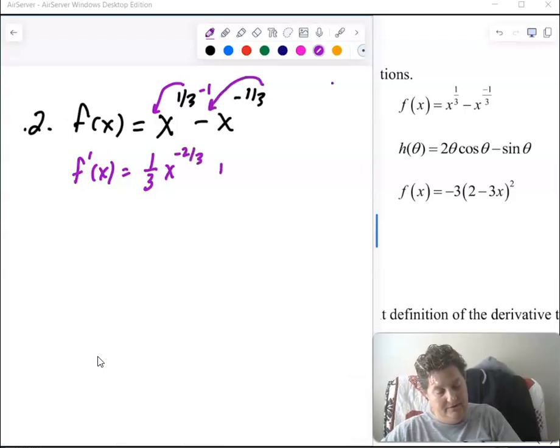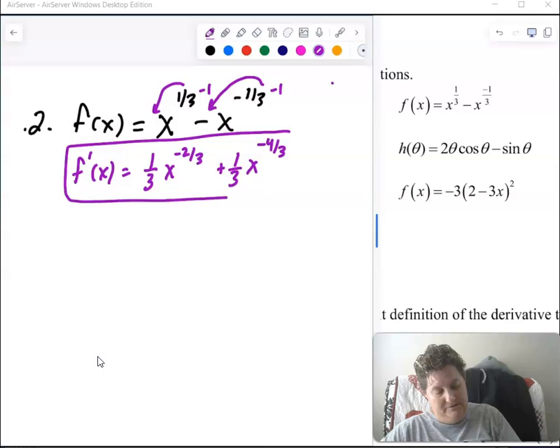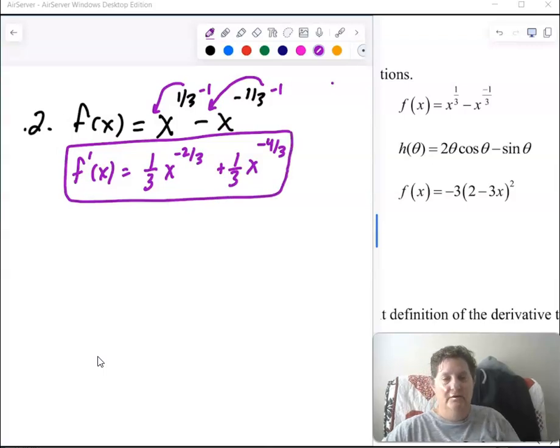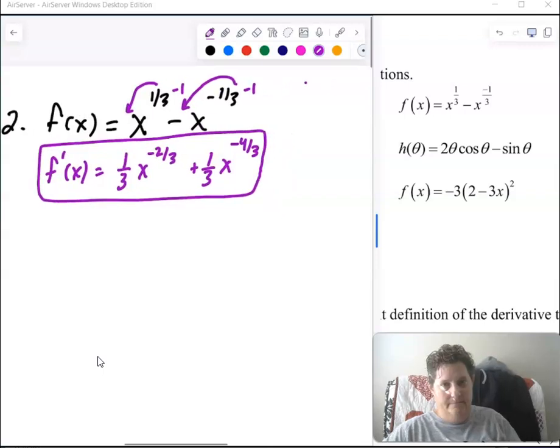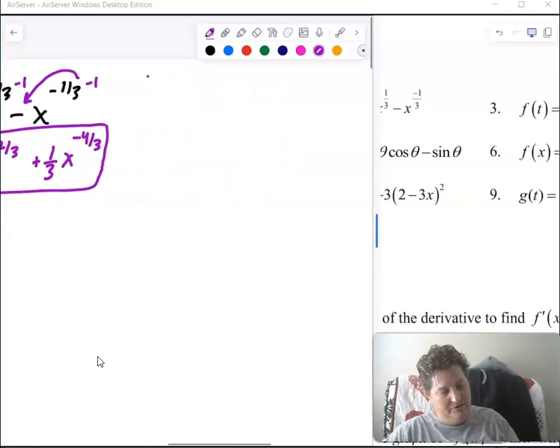I bring that down, that's positive 1/3 x to the, I subtract 1, that is negative 4. Usually my rule of thumb is if it started off by giving me negative fractional exponents, I could just leave them. You don't have to move them down.